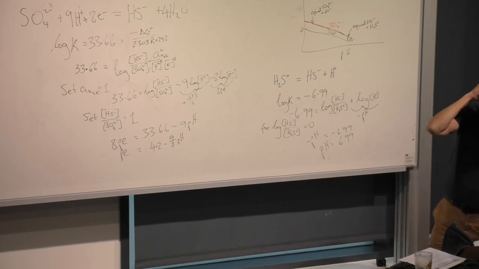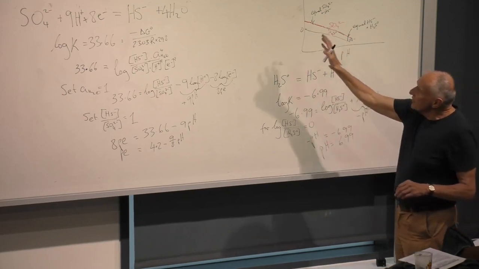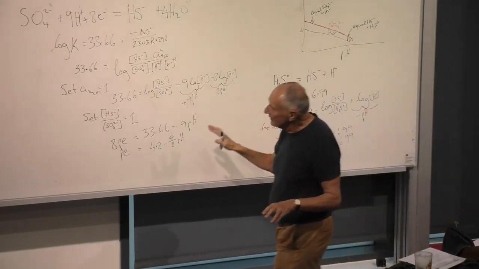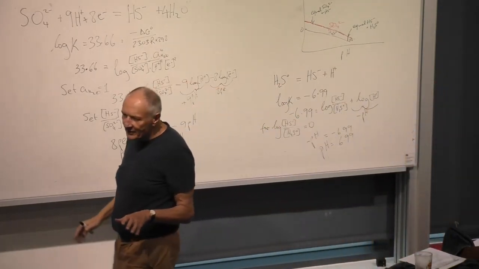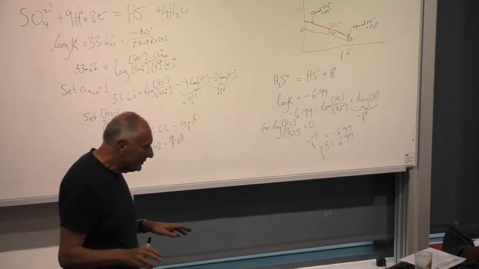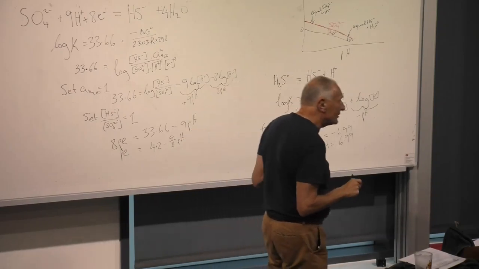All right, final point. Let's take an example where, okay, we've done these reactions in solution. So everything here is in solution. But of course, we're interested in how much iron or how much sulfur would there be in solution if we were saturated in sulfide.